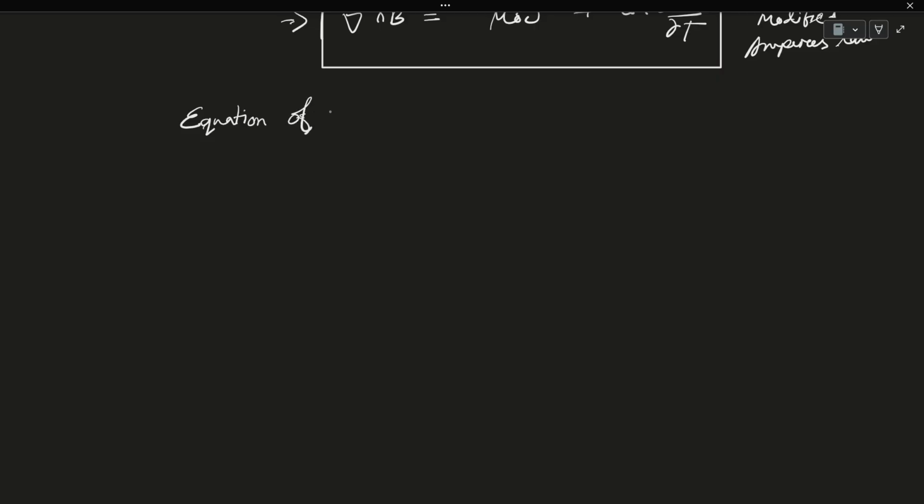From the equation of continuity, we know del dot J plus del rho del t equals 0.